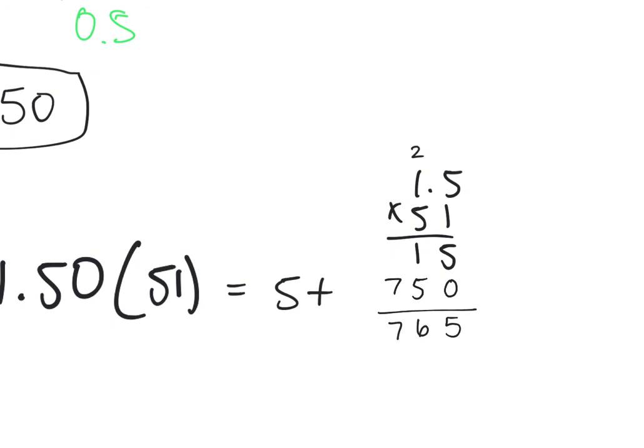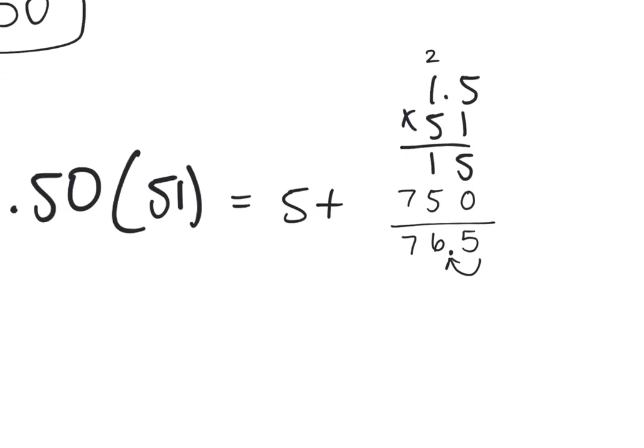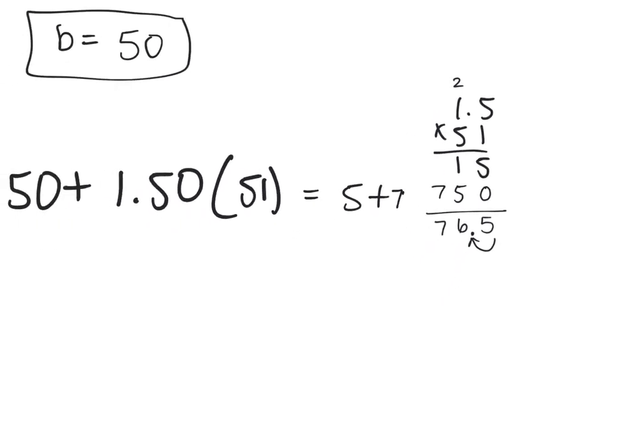Remember, we had one decimal place, the 5 after the decimal, so we're going to move over our decimal one space. 76.5. So we got 76.5. We're adding that to 50, and this is going to give us 50 plus 76.5.